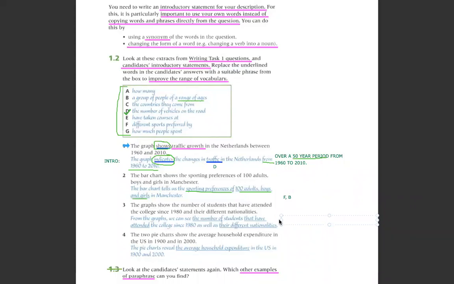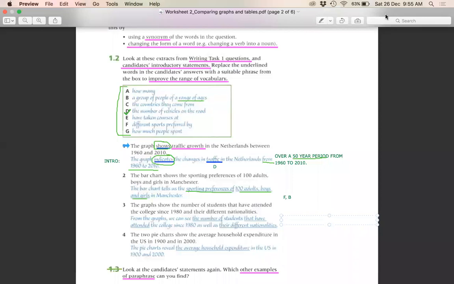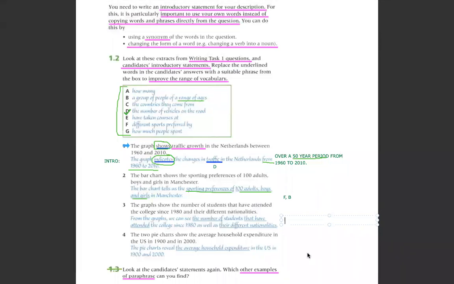So please look at the 3 underlined sections and give me 3 letters in the chat box. All right, anyone else?